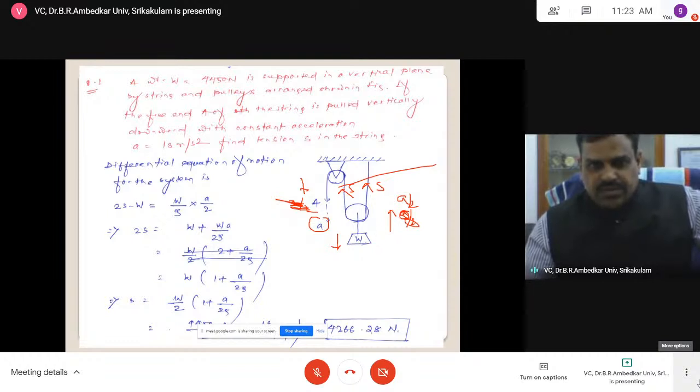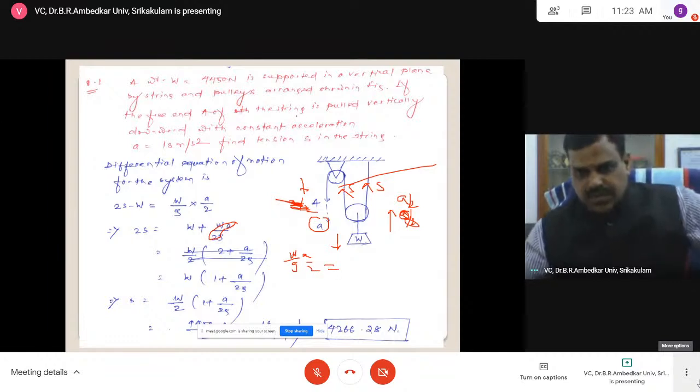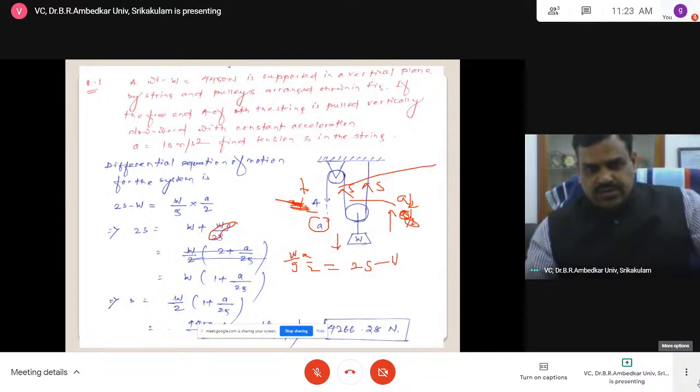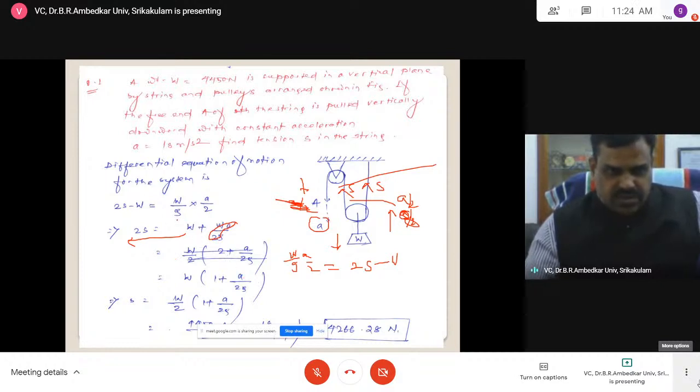W by g mass into acceleration, acceleration is A by 2, mass into acceleration, W by g times A by 2 is equal to, in the direction of acceleration, that is 2S, and it is opposite, minus W. Now we take outside, then this is what is called the expression.